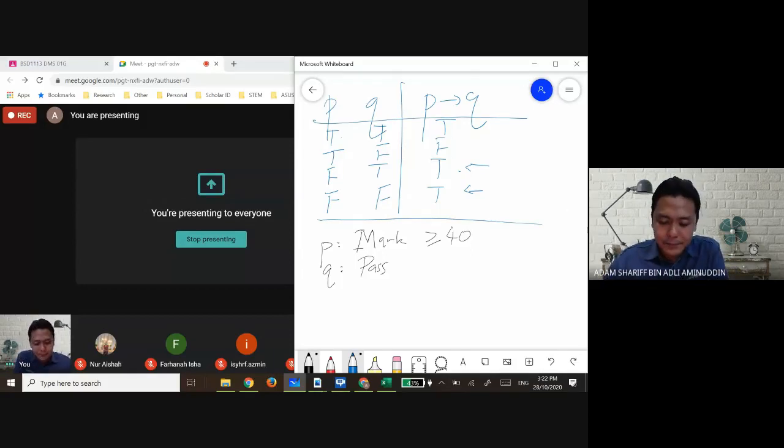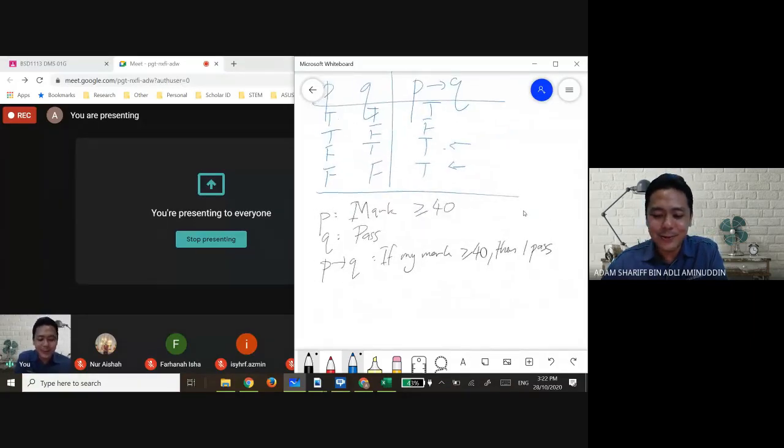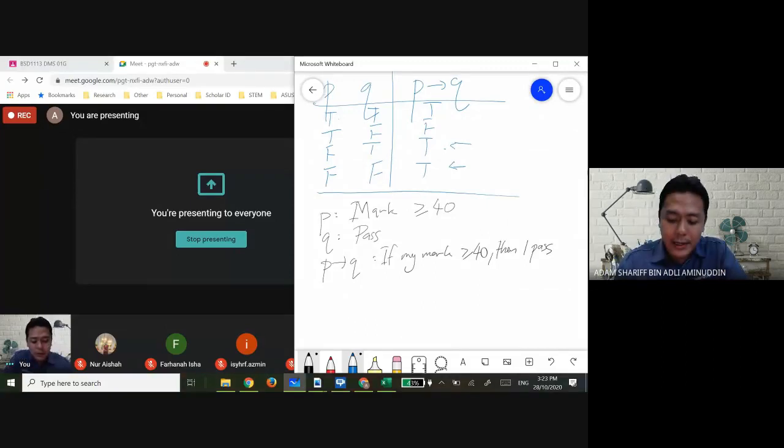Okay, simple je, saya tak nak panjangkan perkataan. Tetapi apa maksud P implies Q? If my mark over 40, then I pass. Setuju? Setuju. Kena setujulah, memang markah 40. Alright. Right now we try to make sense of these properties. We start first with the first one.